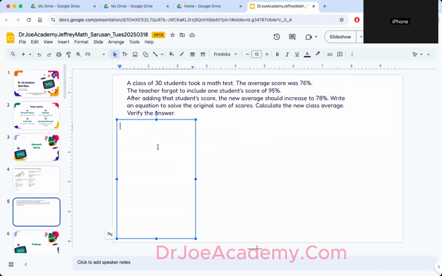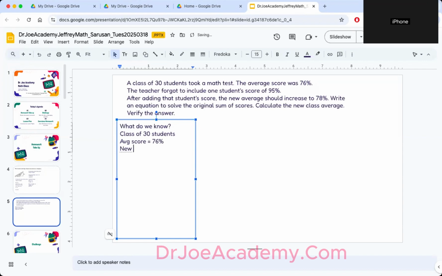So anytime we do these word problems, they could have a ton of information. Let's write down what we know first. So what do we know? I'll start it off. We have a class of 30 students. What else do we know? That the average test score was 76, but she forgot to include one student that got 95.